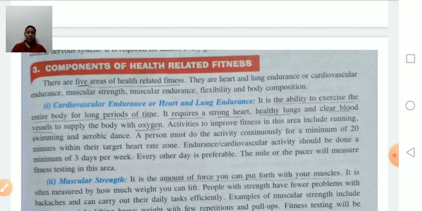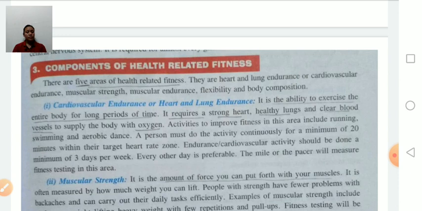Cardiovascular endurance is the ability of the heart and lungs to supply oxygen rich blood to the working muscle tissue, and the ability of the muscle to use oxygen to produce energy. If a person has good cardiovascular endurance, he will have the ability to exercise the entire body for a long period of time.